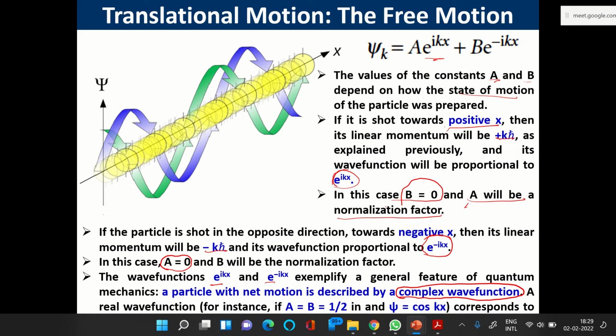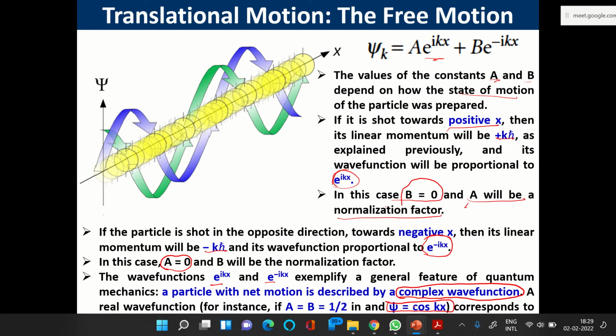Okay, so that example you can correlate with the previous example, if psi is equal to cos kx, and in that case a and b were equal, half. That means overall there is no movement, the particle has no net movement in that case.